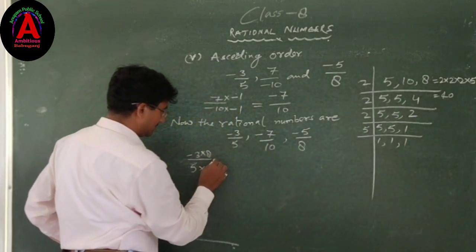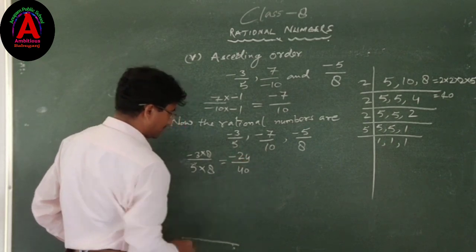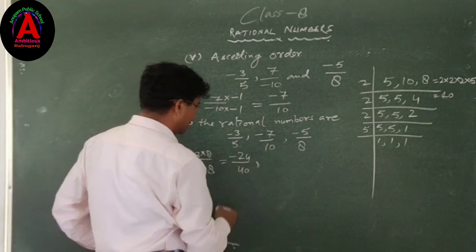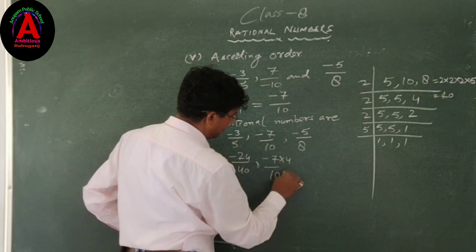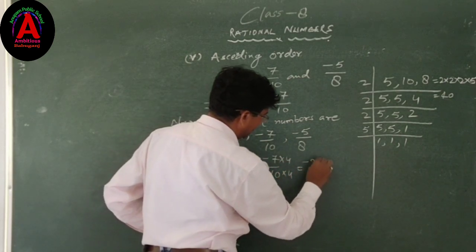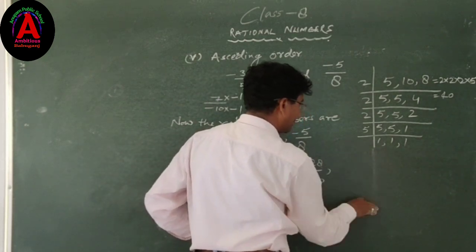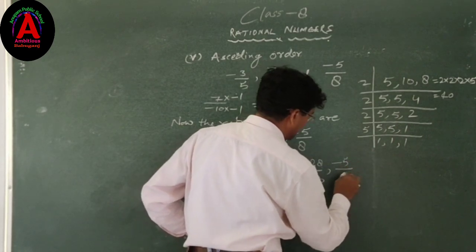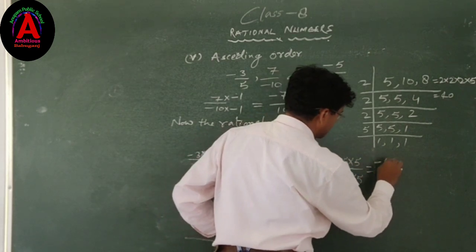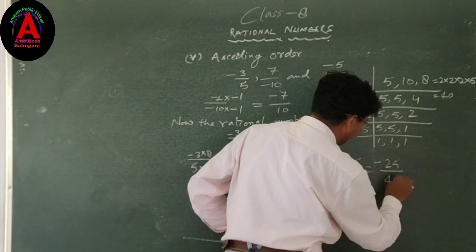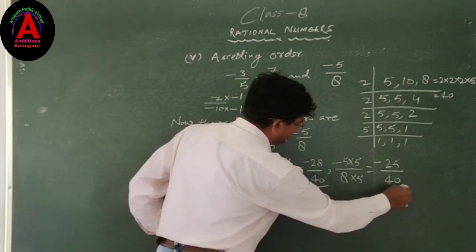So it will be minus 24 upon 40, comma, minus 7 upon 10, multiply by 4, it is minus 28 by 40, comma, minus 5 upon 8, multiply by 5, minus 25 upon 40. Thus we find all denominators are same.